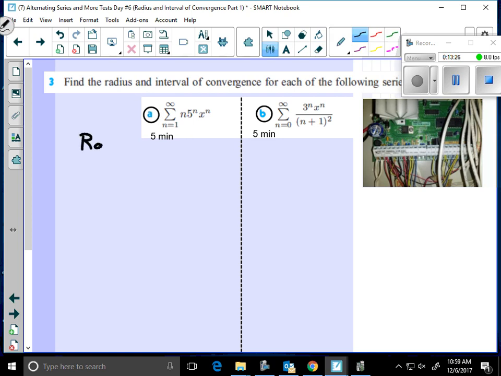I could see the difference from one term to the next. What does the ratio test say? Take the limit as n goes to infinity of the n plus 1 term over the n term. I'm going to do the n plus 1 term times the reciprocal of the other.